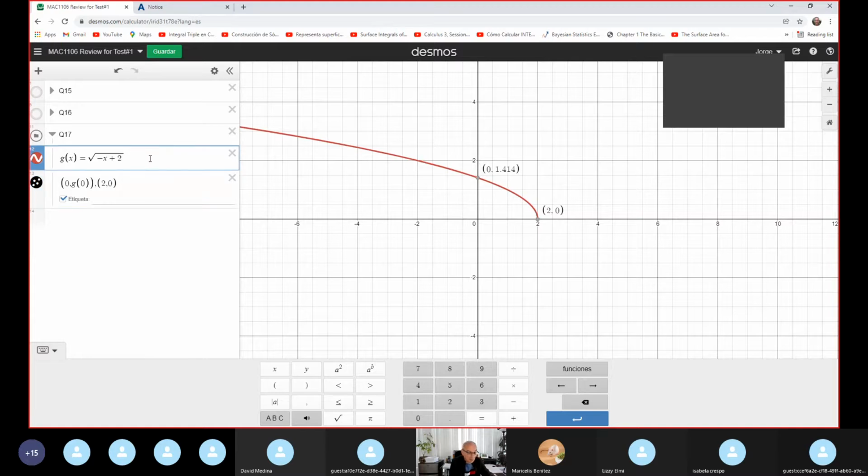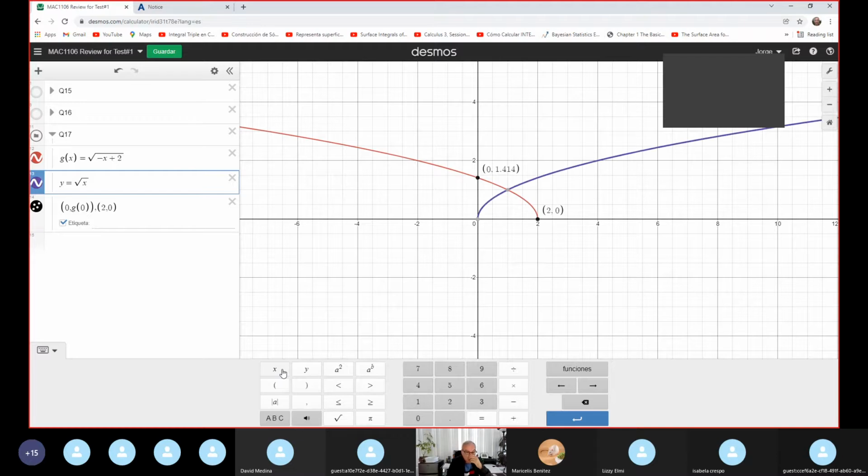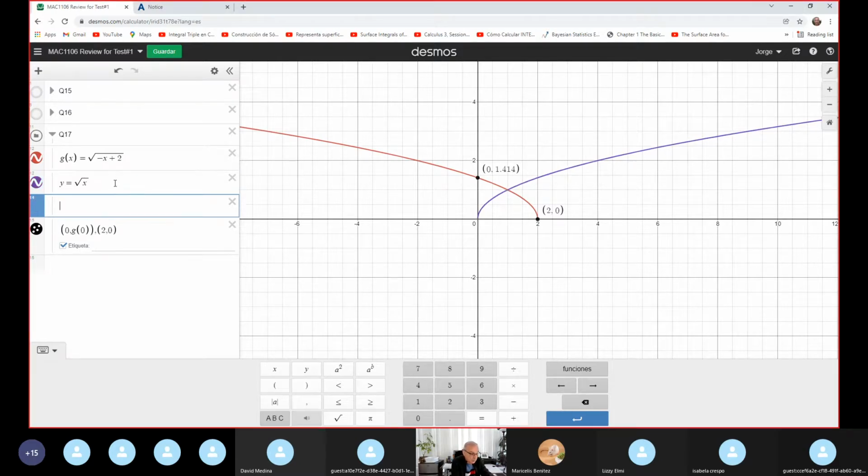Okay, and you want to see the transformation step by step. Look, this is g or whatever, y equals square root x. This is the original basic function, the square root function. And in purple color, now the reflection is y equals square root of minus x. This is the reflection. You see?